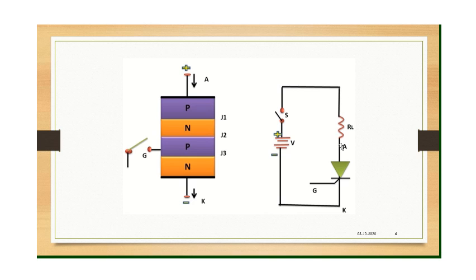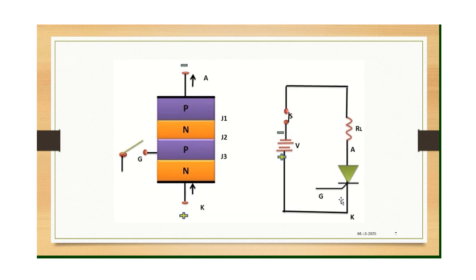Or another method is you use some shunting circuit. Say you connect some commutating components in parallel, which we'll be discussing in further sessions. If you connect commutating components in parallel with the device, then you can turn off the device. All right, so all these are different methods of turning off.